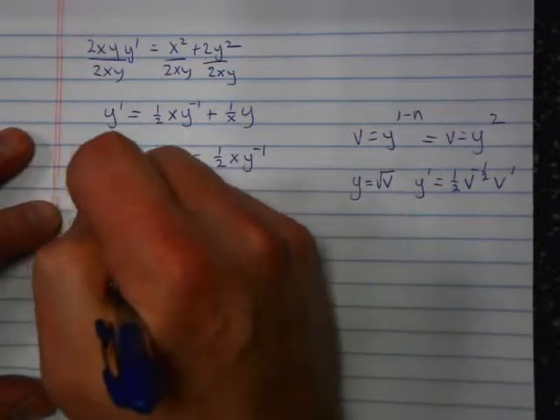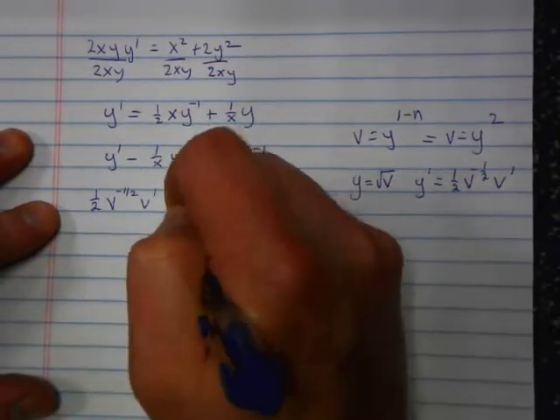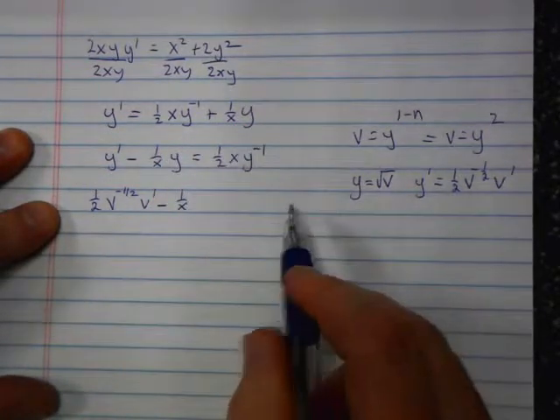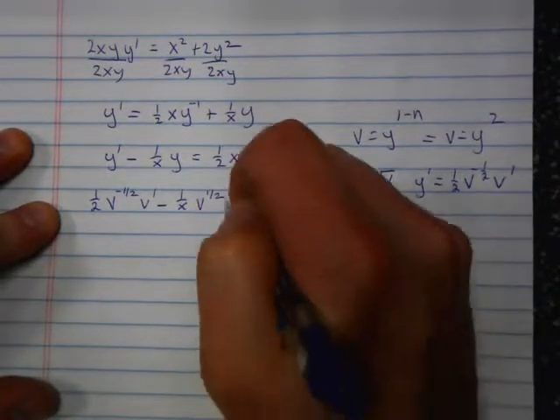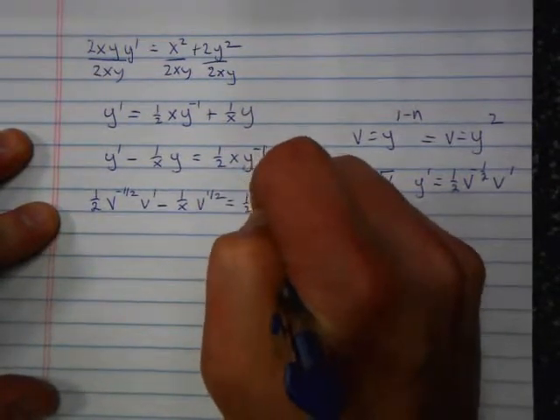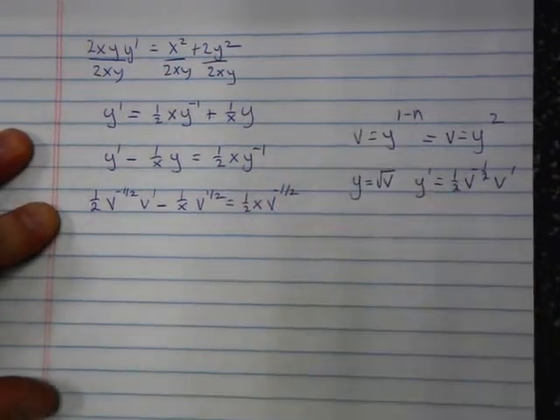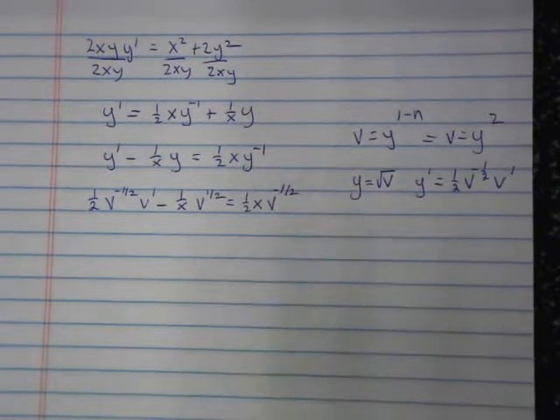I'm going to have 1/2 v to the negative 1/2 v prime minus 1 over x, and then y was v to the 1/2, equals 1/2 x, and then this will be v to the negative 1/2, because I've got v to the 1/2 from here multiplied by my power negative 1, v to the negative 1/2.